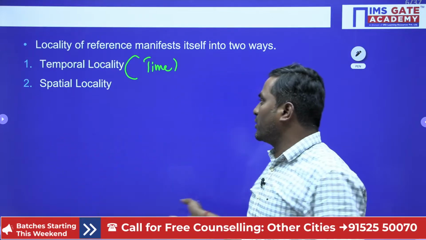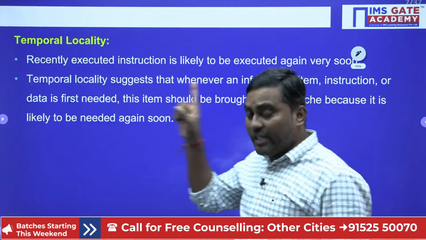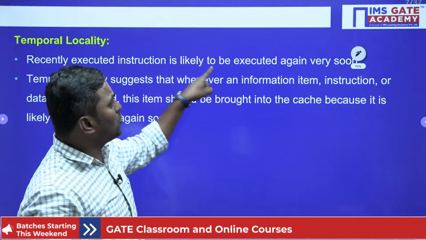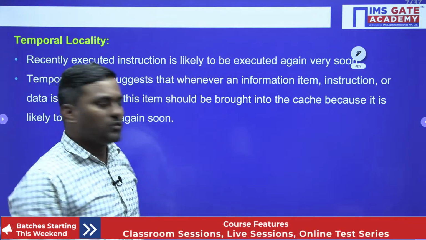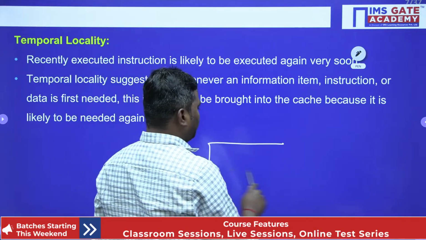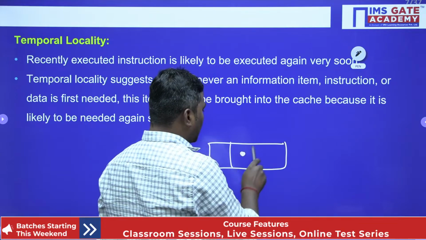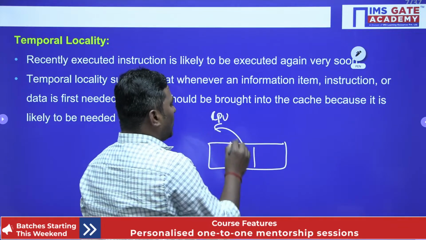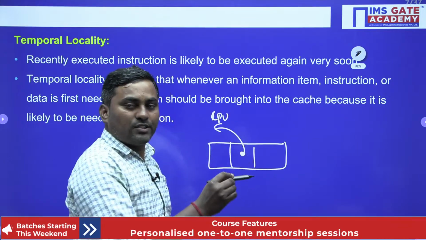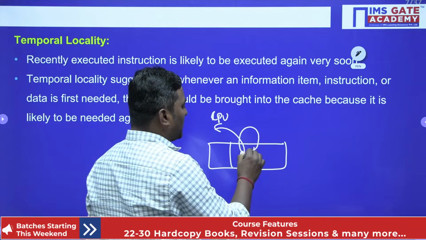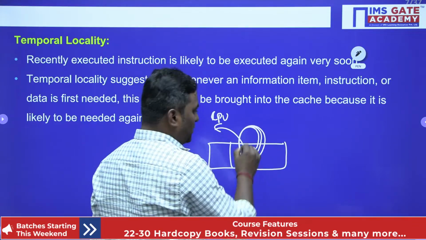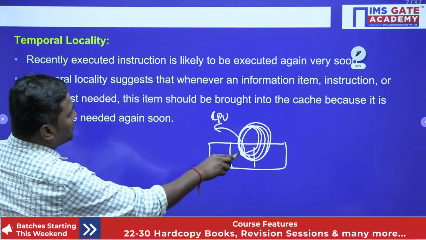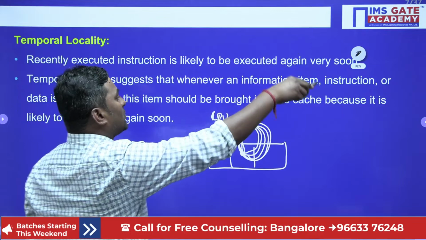So let's look at temporal locality. A recently executed instruction is likely to be executed again very soon. Suppose this item is referred to by the processor, by the CPU. There is a chance that this item is repeatedly accessed by the processor. So a recently executed instruction is likely to be referred to by the processor very soon.